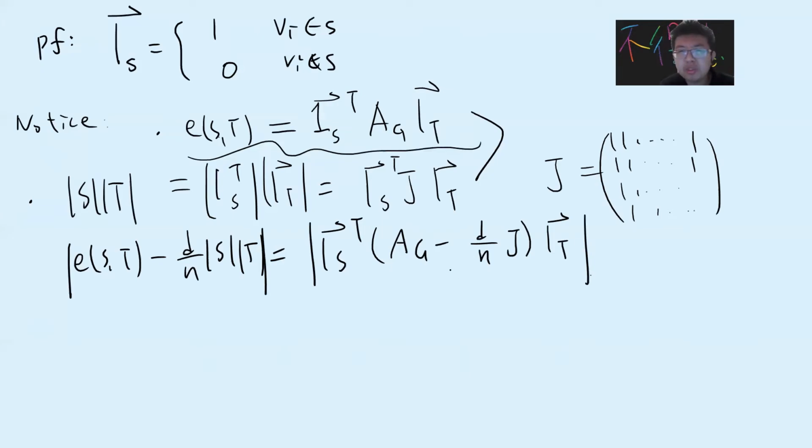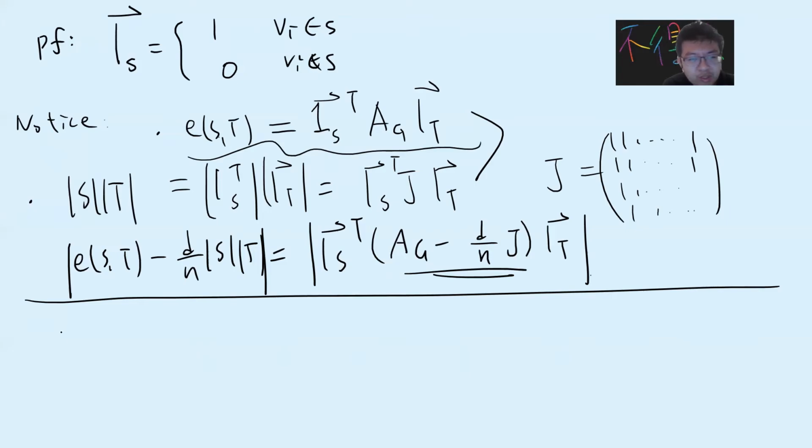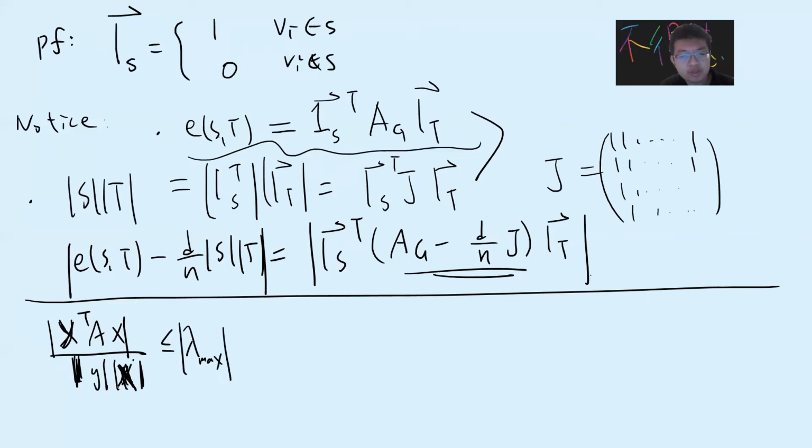Using simple linear algebra, this is bounded by lambda times the lengths. This is Cauchy-Schwarz, so let me quickly remind you. You can prove that y^T A x divided by the lengths of y and x is less than or equal to the maximum eigenvalue magnitude.